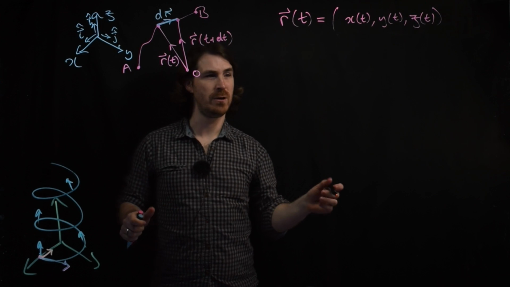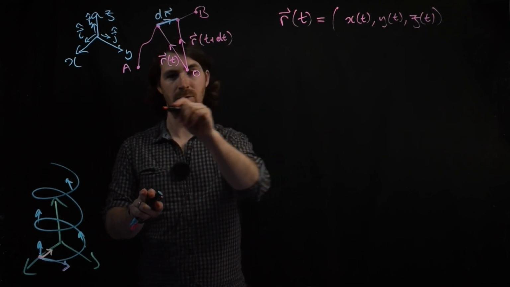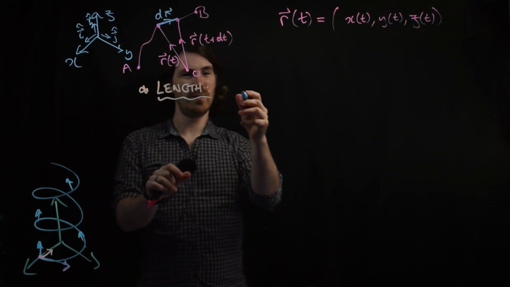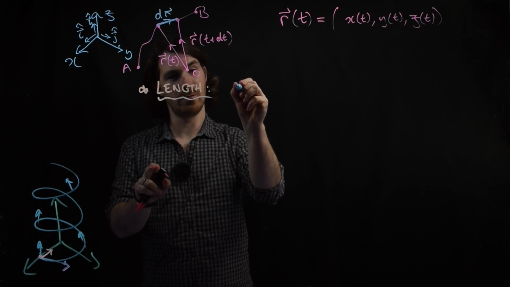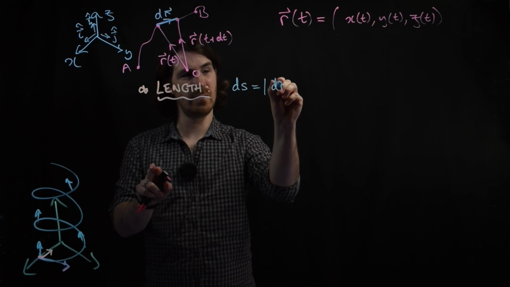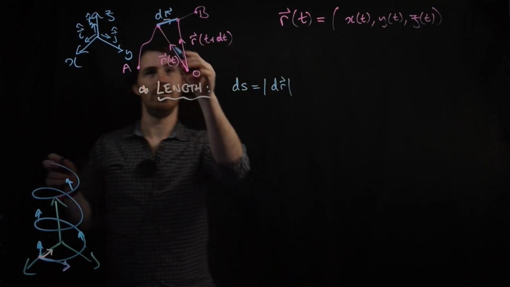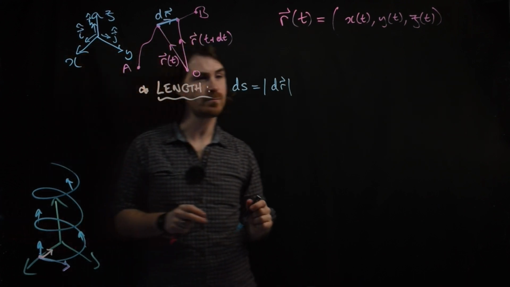And from that, we could write down a few things. So let's start with the length. We saw that we had a line element, an element of length, this thing called ds. And we said this was the modulus of the vector dr, the vector that points from this point to this point as we change t.